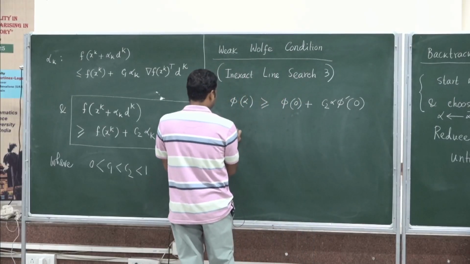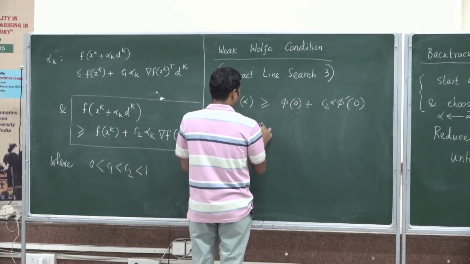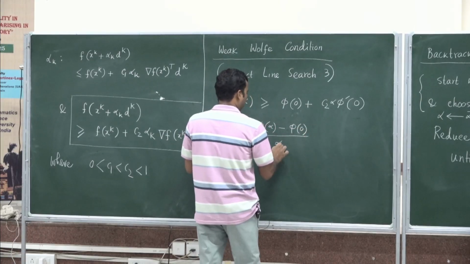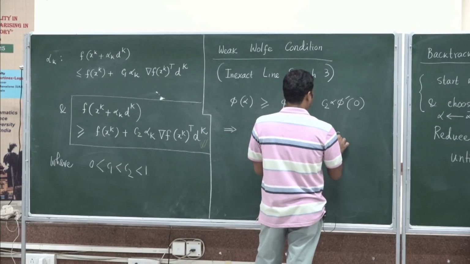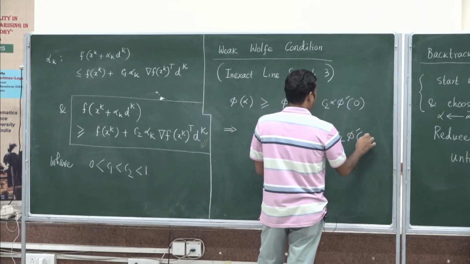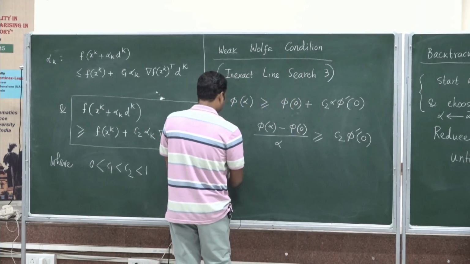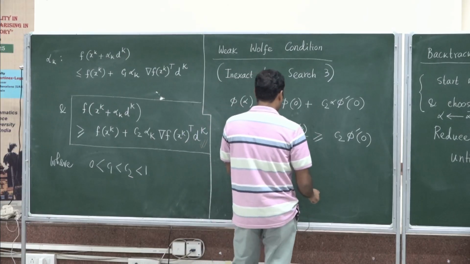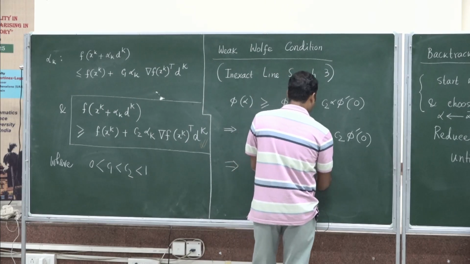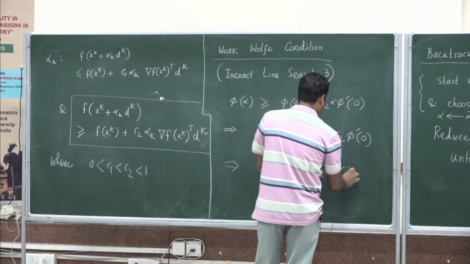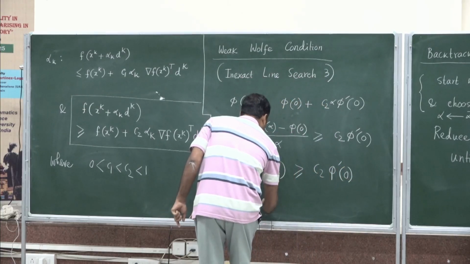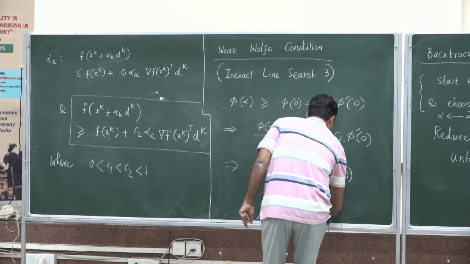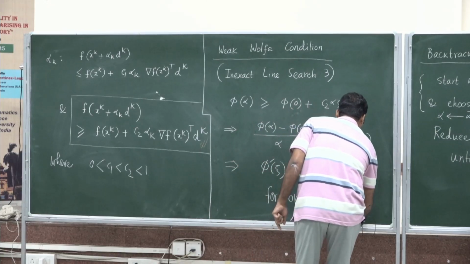And then we notice that this says that phi alpha minus phi 0 divided by alpha is greater than or equal to C2 phi dash 0, and by the mean value theorem this is phi dash xi for some xi in between 0 and alpha, greater than or equal to C2 phi dash 0 for some xi in between 0 and alpha.